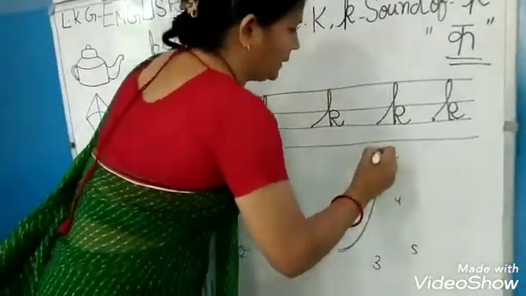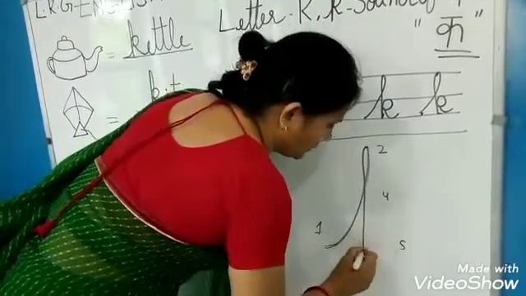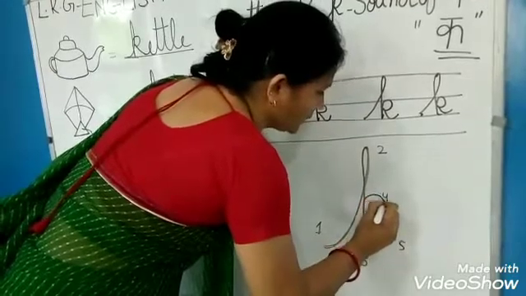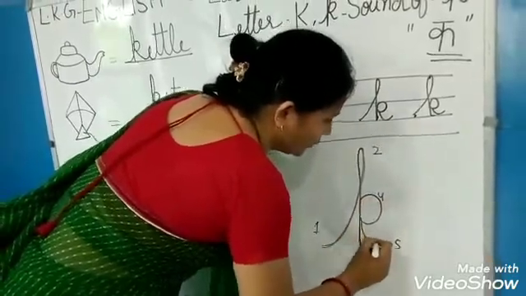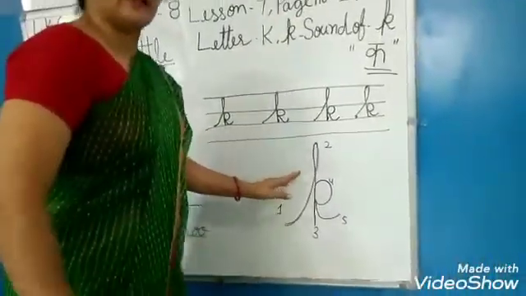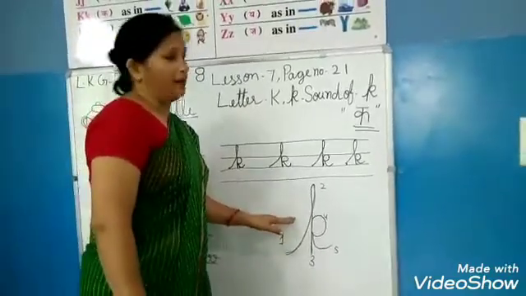Go up. Go number 3. Go number 4. And go number 5. So this letter is, children, letter K, small k.